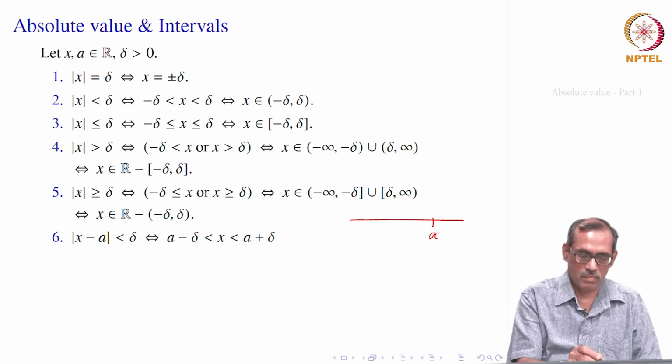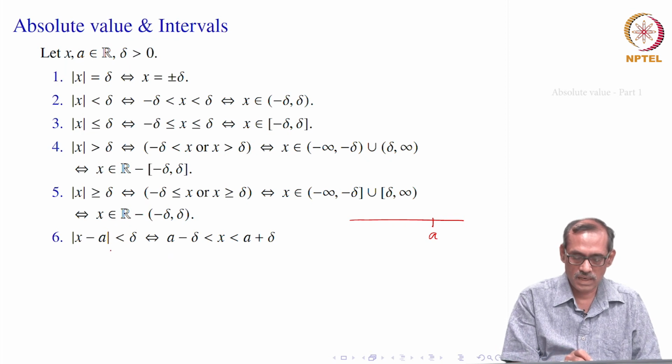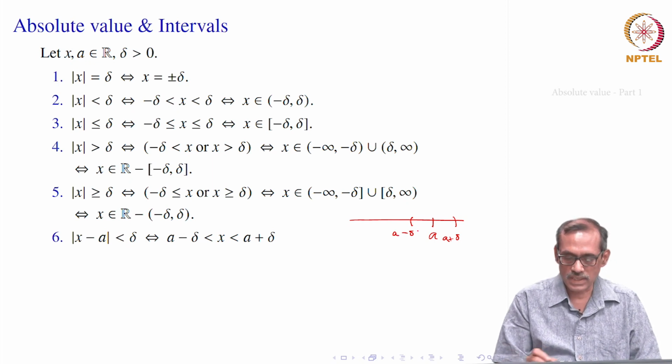Now, instead of mod x less than delta as in 2, we are thinking mod x minus A is less than delta. As earlier, it will be translating, that origin will be shifted to A now. So, we can think of minus delta here, delta here. This point is really A plus delta, this point is really A minus delta. So, as earlier it is within that delta neighborhood, this is also the delta neighborhood of A.